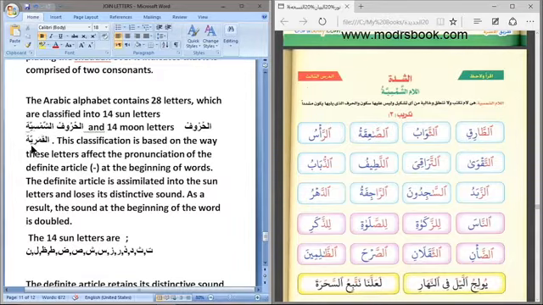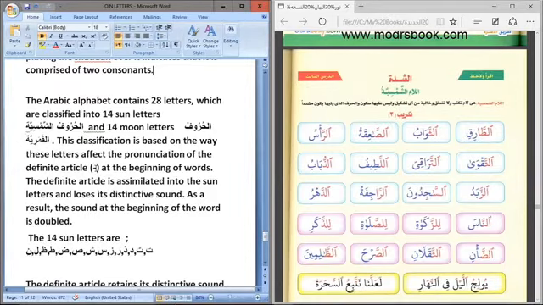What are their definitions? It says that this classification is based on the way these letters affect the pronunciation of the definite article. What is the definite article? The definite article is the alif and lam.